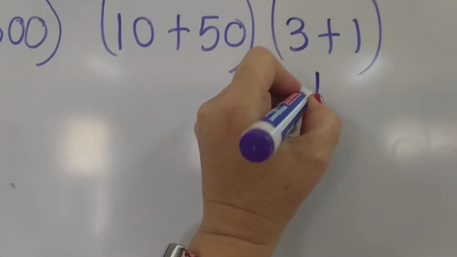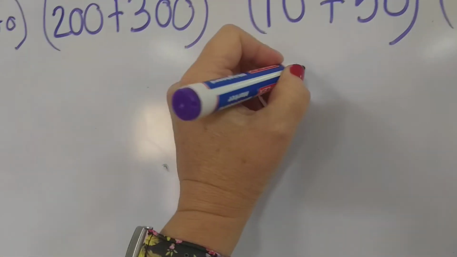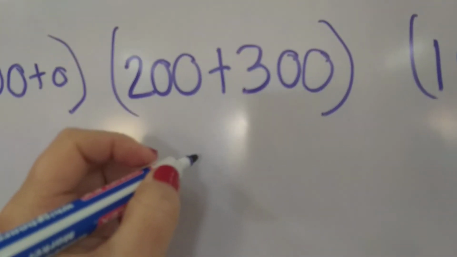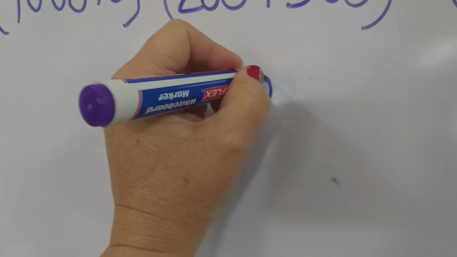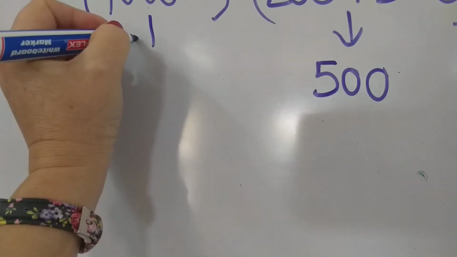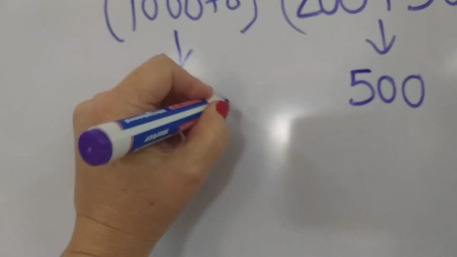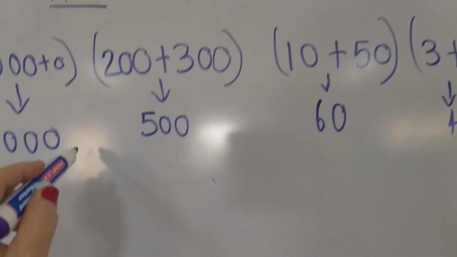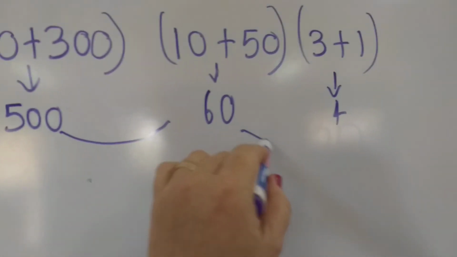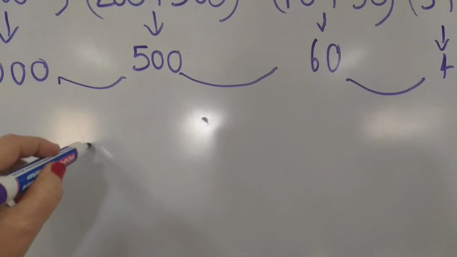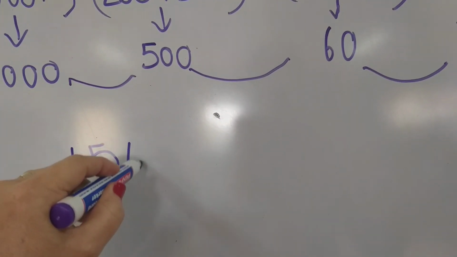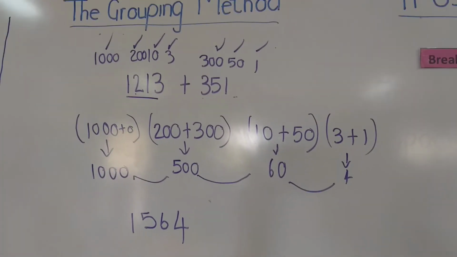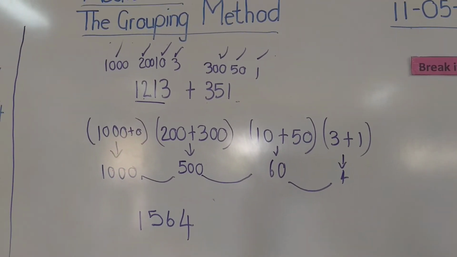Let's add them. We have 4 here, we have 60 here, we have 500 here, and we have 1,000 here. Now we have to put those numbers together, add them up, and we have 1,564.